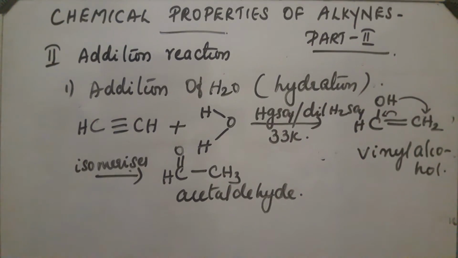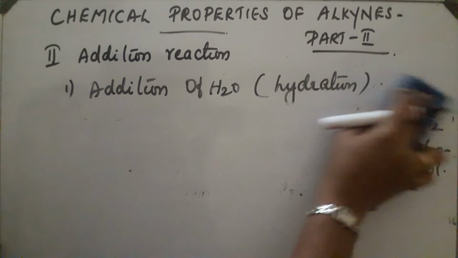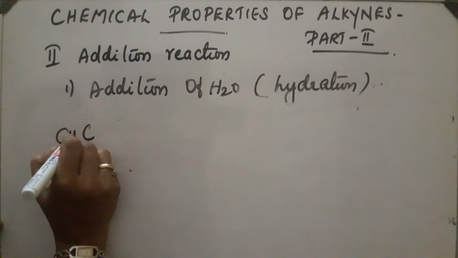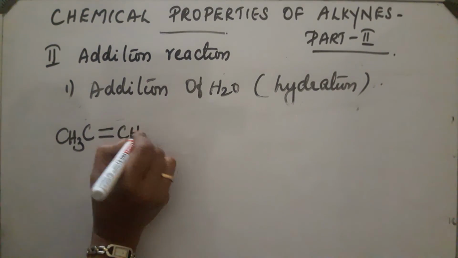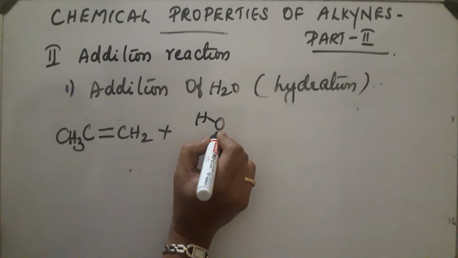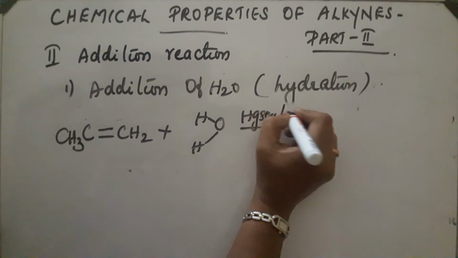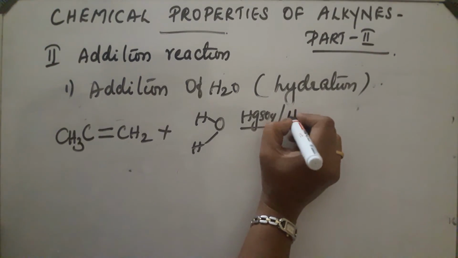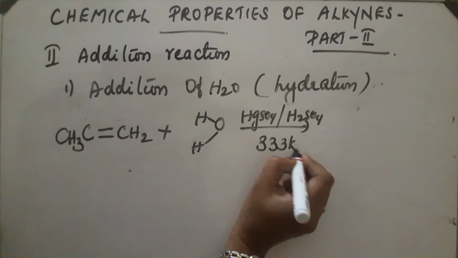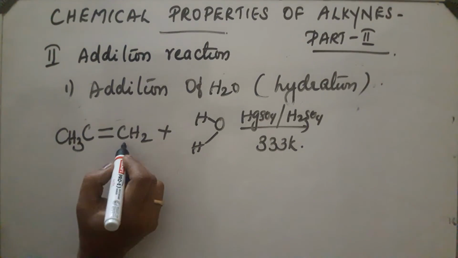Okay, now what will happen in the case of propyne? One H is replaced by CH3. CH3 triple bond CH reacts similarly with water, in presence of HgSO4 dissolved in dilute sulfuric acid at a temperature of 333 Kelvin. What will happen? One OH will attach here and this H will move here.